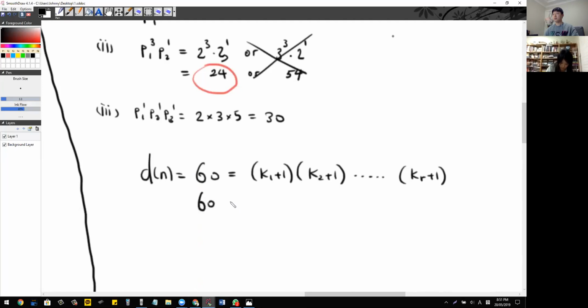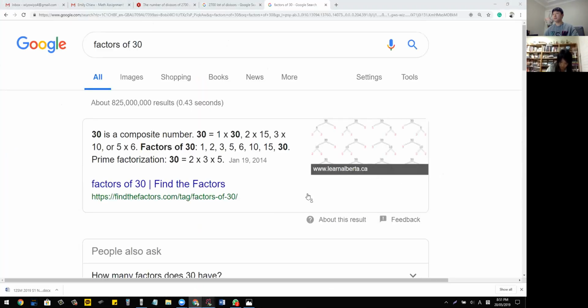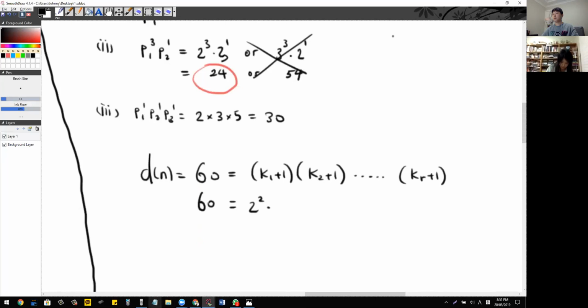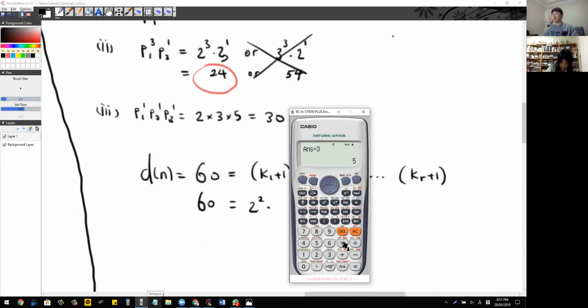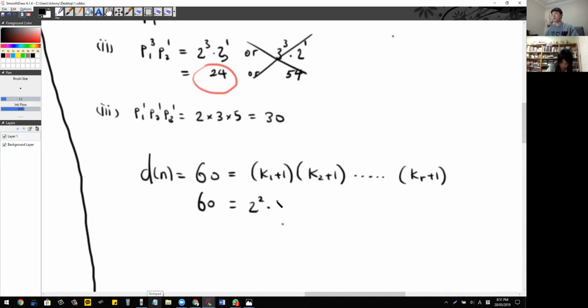So 60 is 2 squared, divided by 3, divided by 5. So it's times 3, times 5. So definitely this must be 2 plus 1. Hold on. This is made up of k1 plus 1. So k1, k2, they could be the same, you know? Yeah.